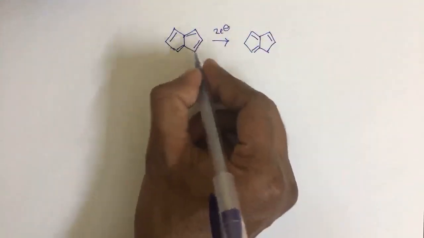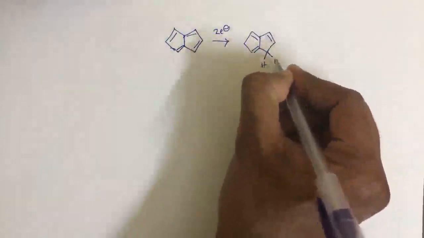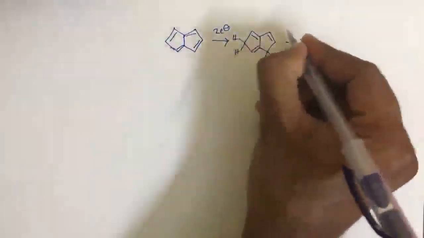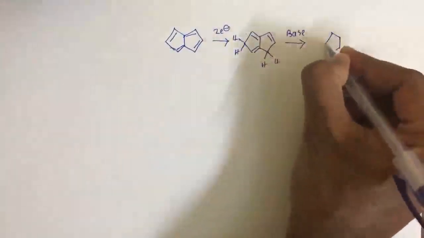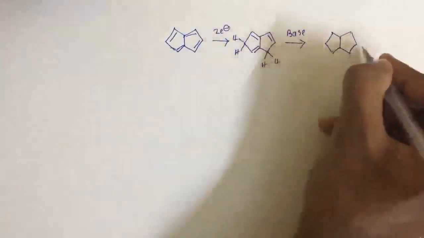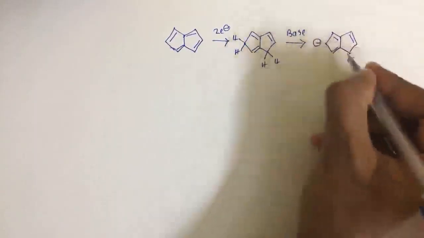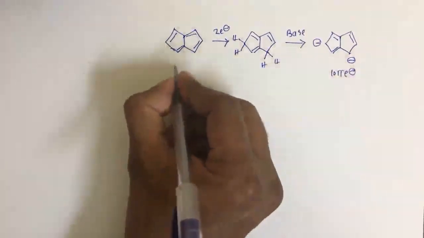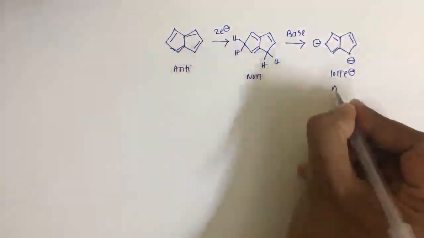One double bond gets reduced, so here we'll get a CH2. Now if we treat with the base, here negative charge, here negative charge, total 10 pi electron system. Initially it's anti-aromatic, this is non-aromatic, and this is aromatic.